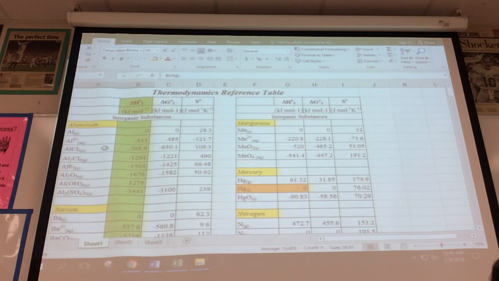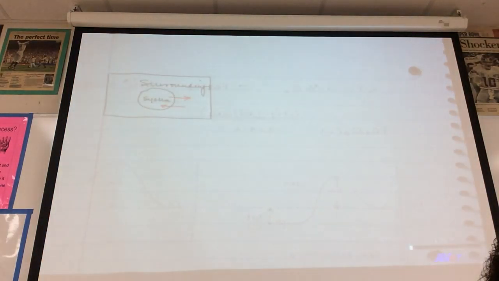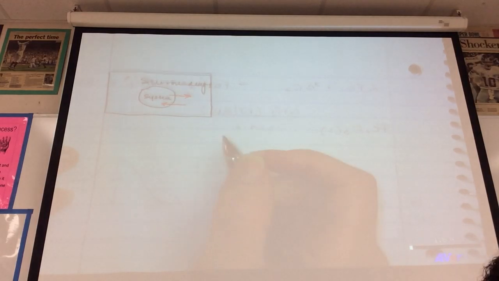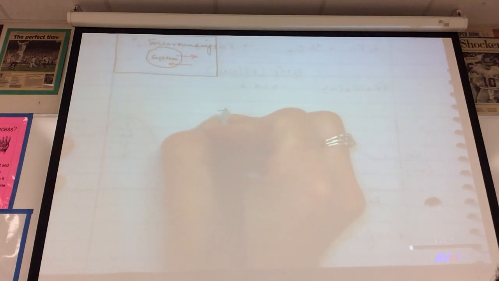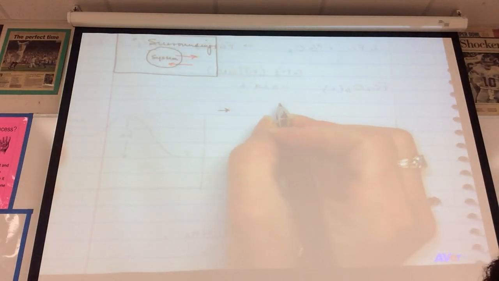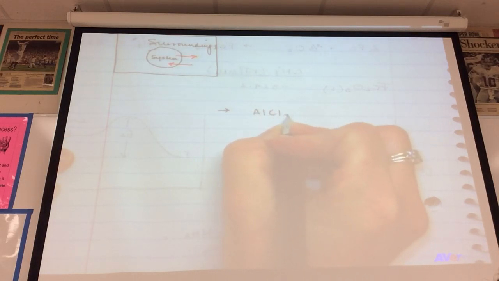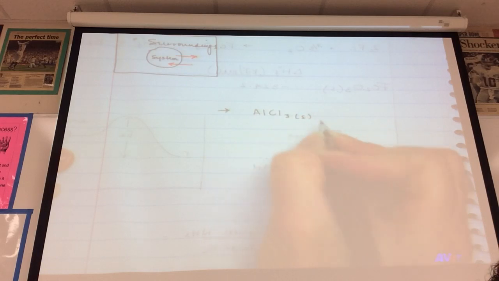So what you want to do here is form 1 mole of substance under standard conditions. And as a result, you can't change the coefficient of the product. So you want to form, in this case, 1 mole of aluminum chloride in its standard state.